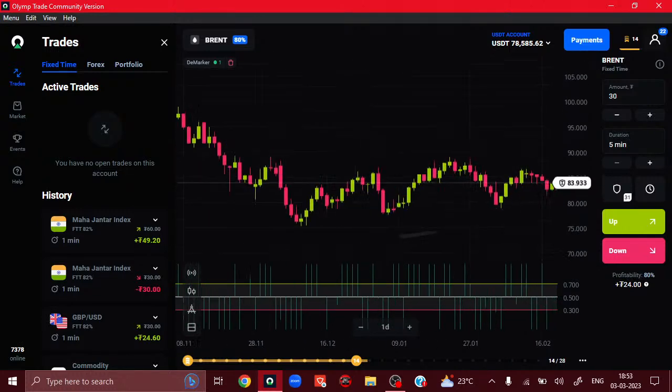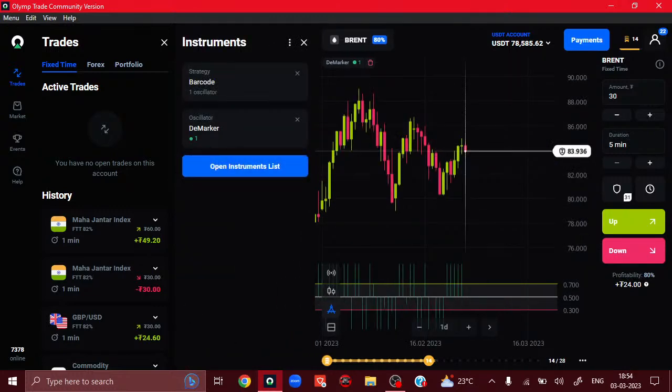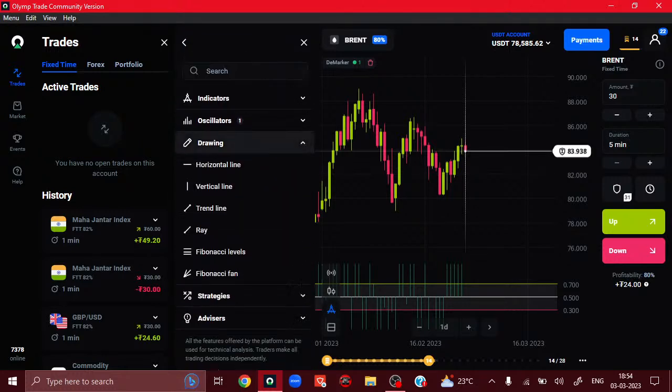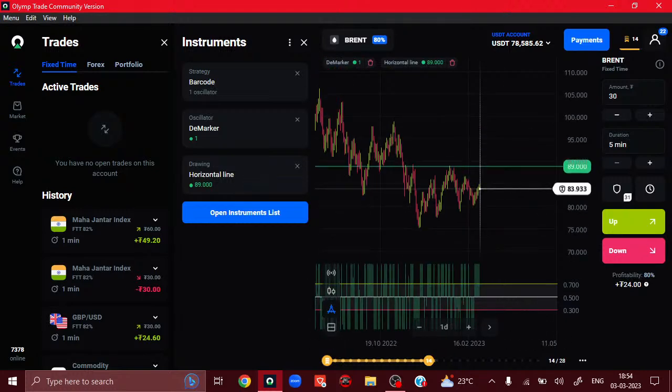But yes, we can expect when this level is broken, at that point we can expect a breakout. 88.89. Then we can expect a further breakout.